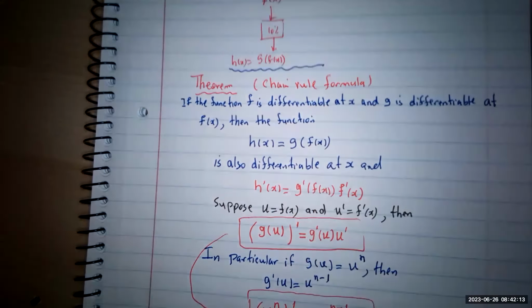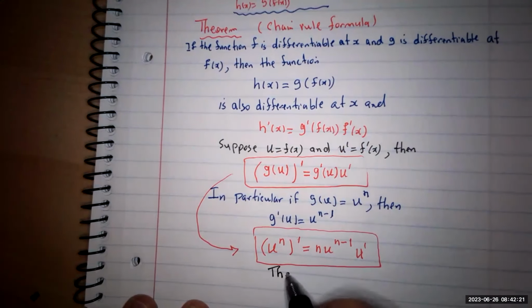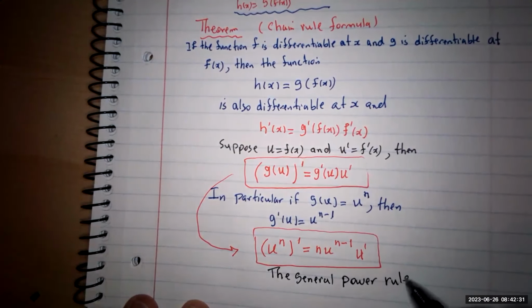Okay, that's one. And this would be referred to as the general power rule. It's like the power rule, but we call it the general power rule when we differentiate.